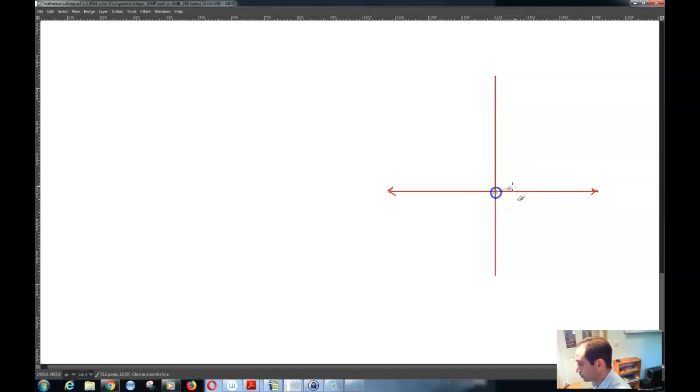Let me draw these two lines, and I'm going to pick these 2 points over here, somewhere over here, and then somewhere over here, and then I'm going to draw something like this.